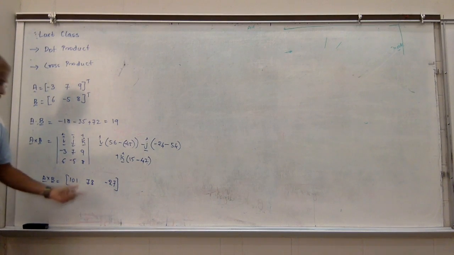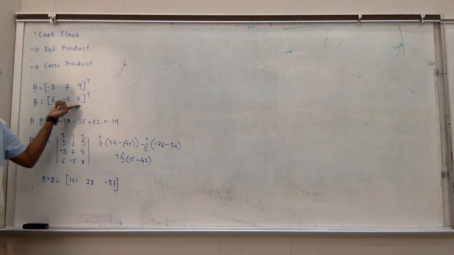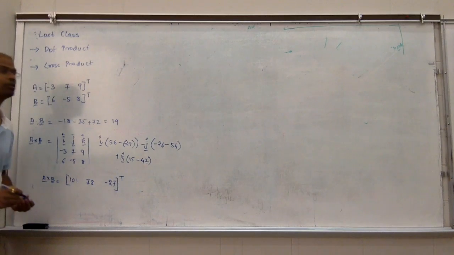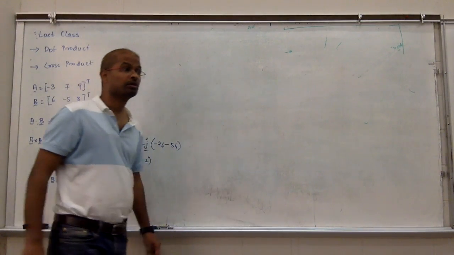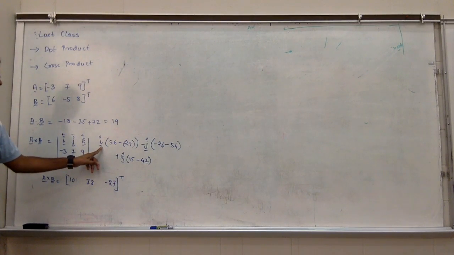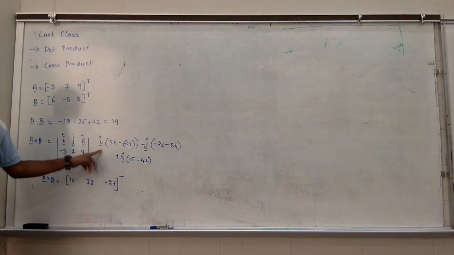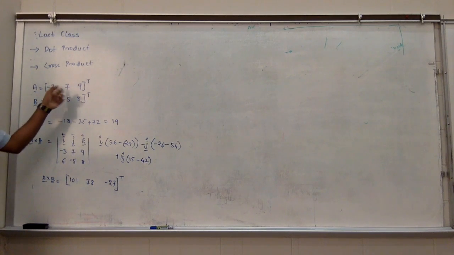Got it? So this is how you write it, right? Because it's been given to you in this form. There's a T as well here. You don't have to put in the IJK. You can put in the IJK. Now, why did I not put IJK? Because there is no reference here.